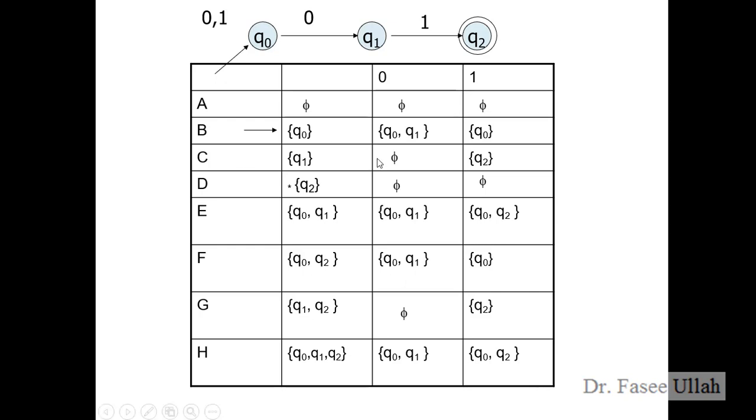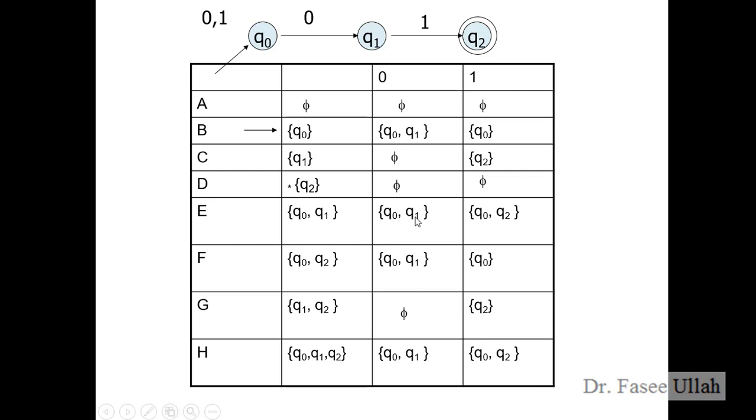So here, this is Q2. It doesn't accept any empty string, and there is no loop on this, so I have empty. Then for E, we have Q0 and Q1, so it again doesn't do anything.